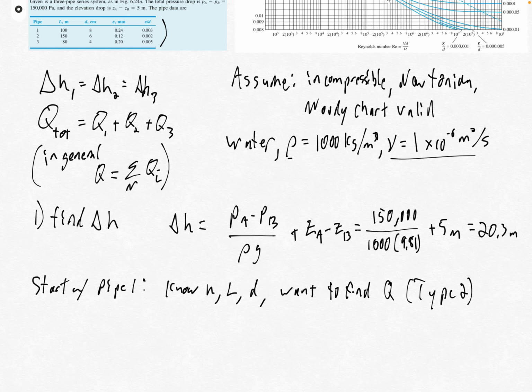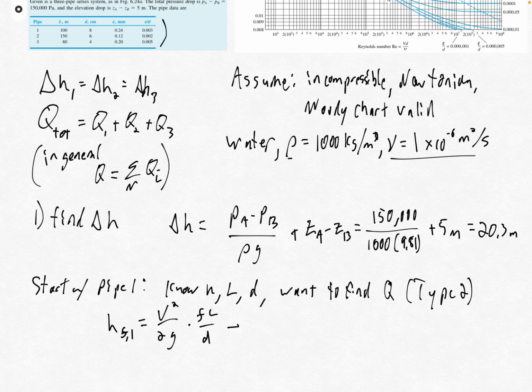From the definition of the Darcy friction factor, we know that the head loss due to friction, let's say for pipe 1, is going to be V squared over 2g times fL over D. To make things a little bit easier on ourselves, we're going to plug in all the values that we know here.